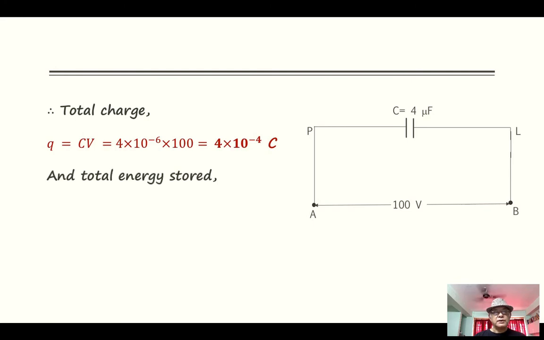And the total energy stored, U equal to half CV square equal to half into 4 into 10 to the power minus 6 into 100 square equal to 0.02 joule.